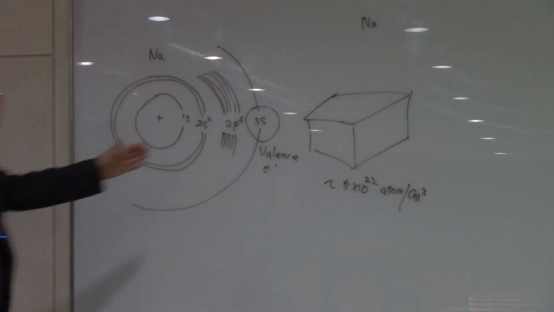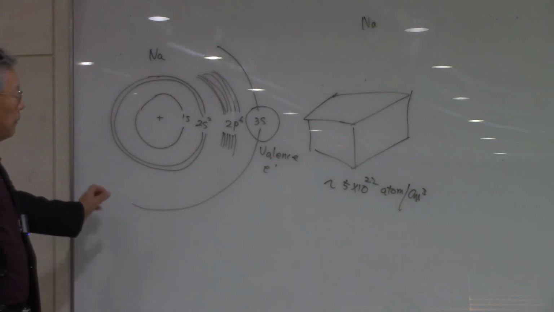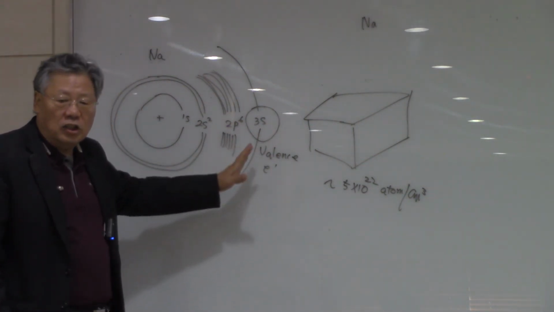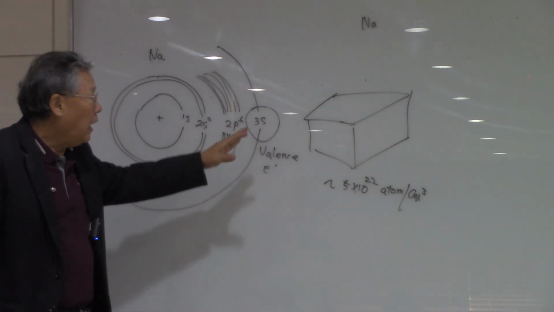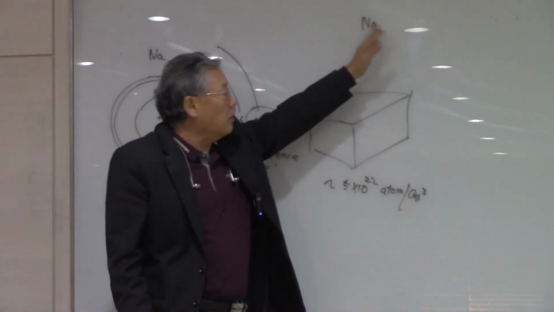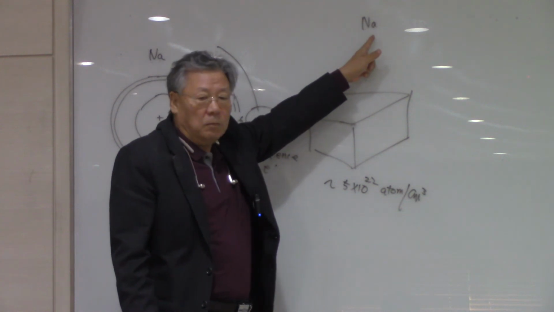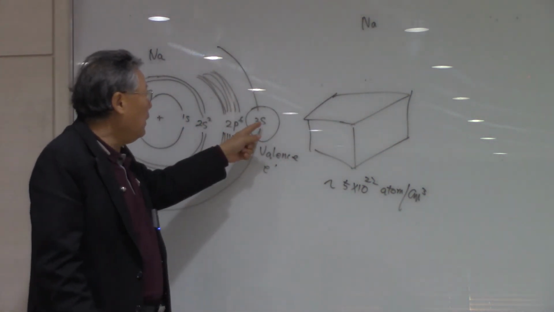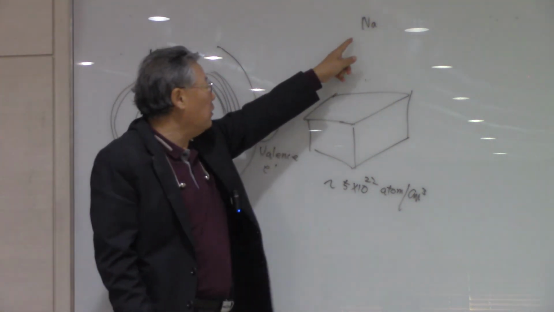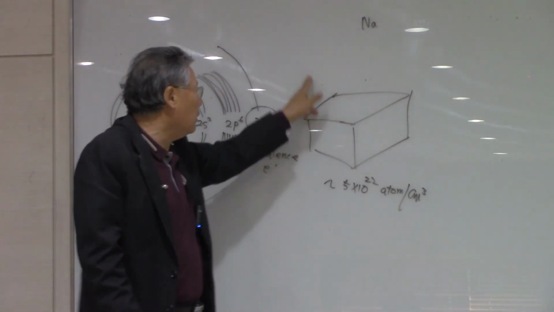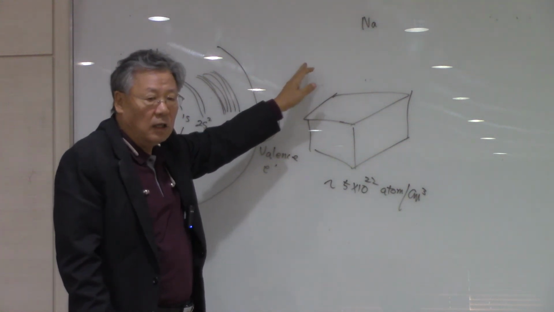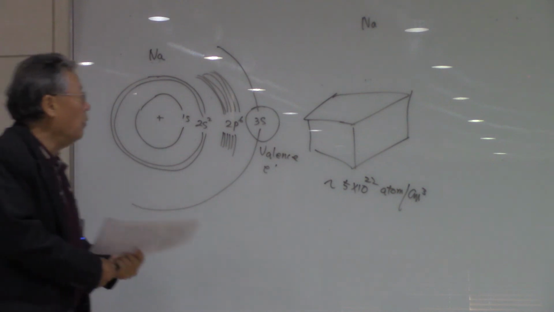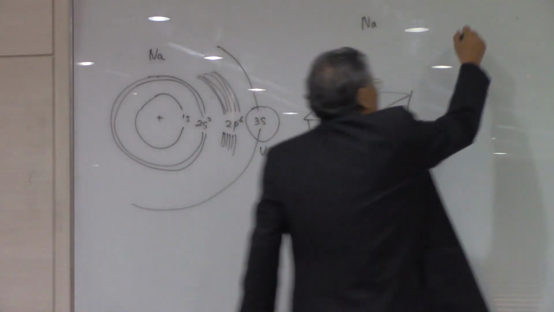When the 3s electrons overlap, the 3s valence electrons of the two sodium atoms cannot have the same energy. That is called the Pauli exclusion principle.